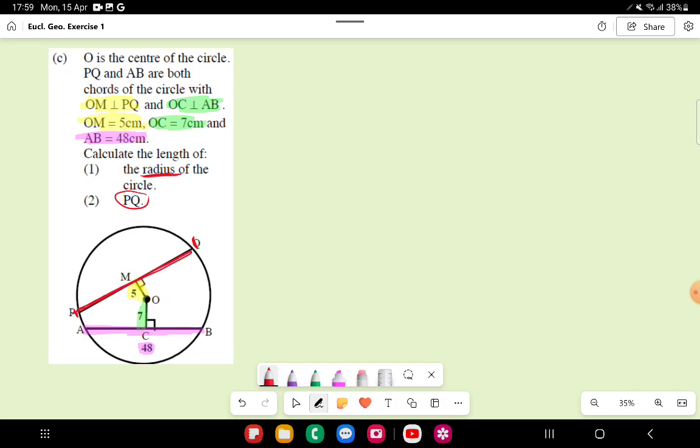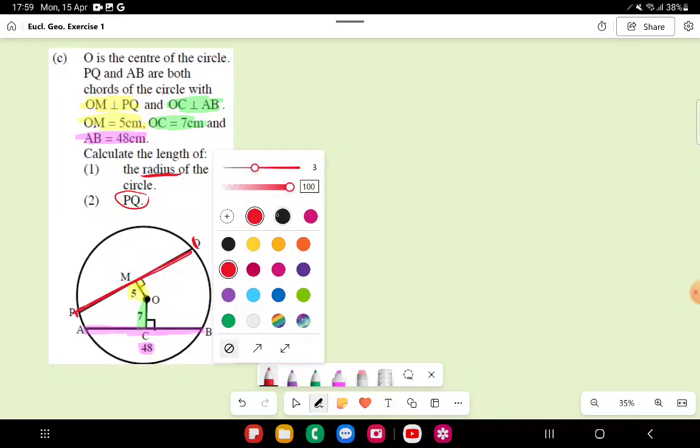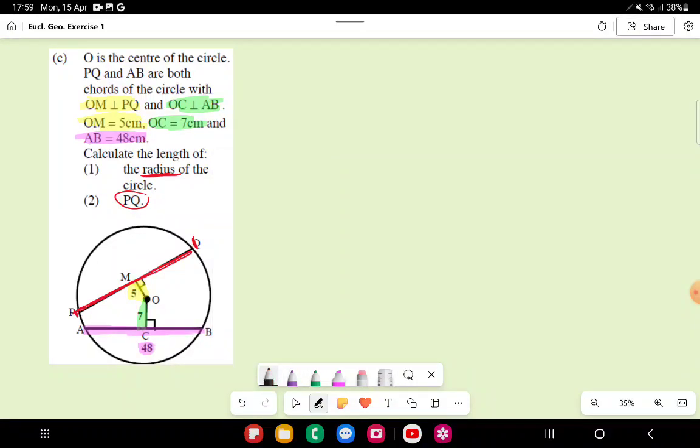Okay, so how do we go about doing this? Let's start with radius. You know that the radius is a line from the center to the circumference. So if I was to doodle on this drawing, I could draw a line from the center to any point on the circumference.